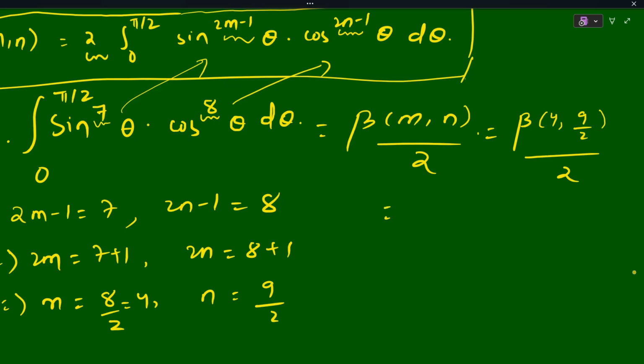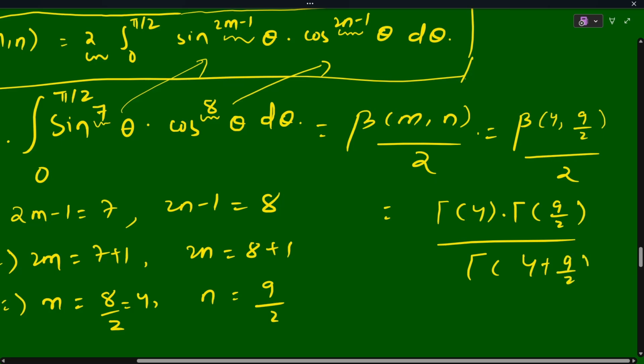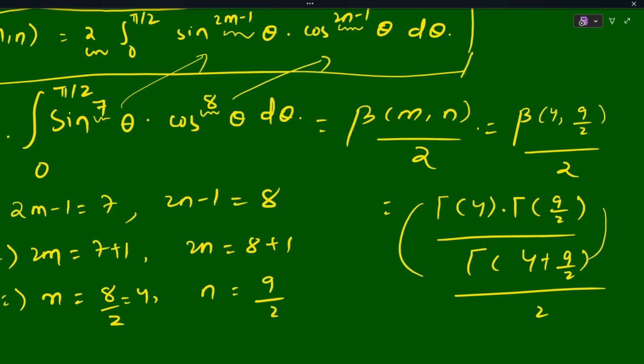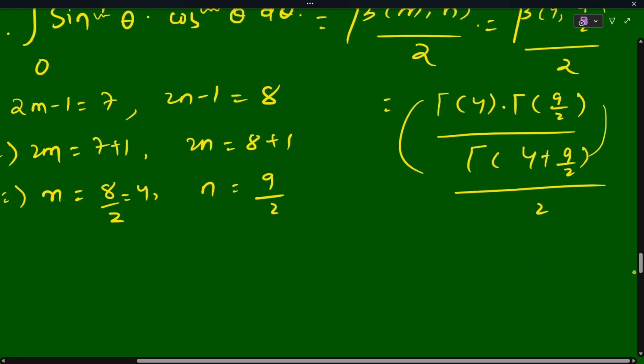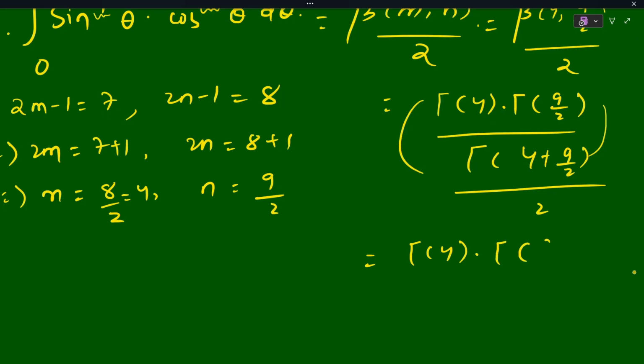So this is beta mn. The beta mn formula is gamma of m into gamma of n by gamma of m plus n, that is 4 plus 9 by 2, then again there is one 2 here. So now this is gamma 4 into gamma 9 by 2.